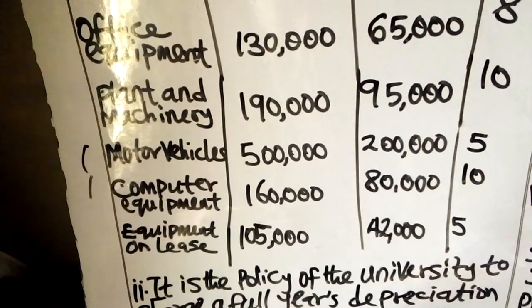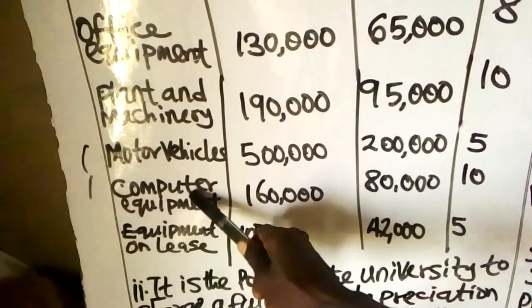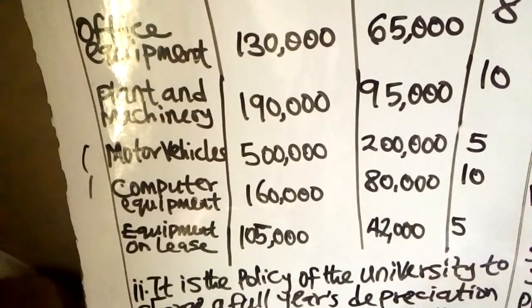Motor vehicles cost is 500,000, accumulated depreciation is 200,000, and the useful economic life is 5 years. Computer equipment cost is 160,000, accumulated depreciation is 80,000, and the useful economic life is 10 years.